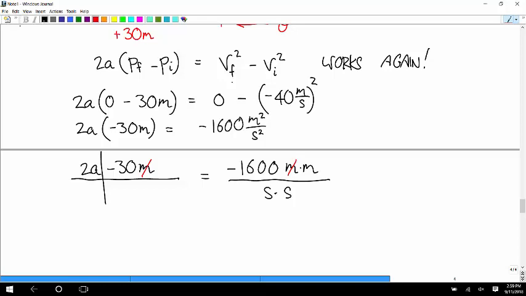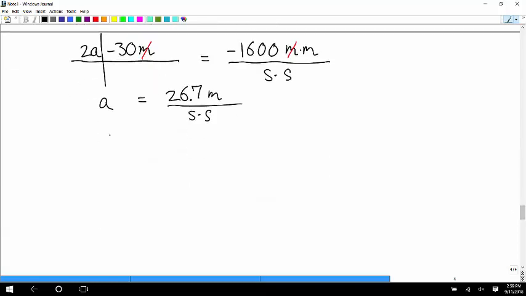And now I'll divide both sides by negative 60. And we get a is equal to positive 26.7, is that what it was? Meters over seconds times seconds. So a is equal to 26.7 meters per second squared.